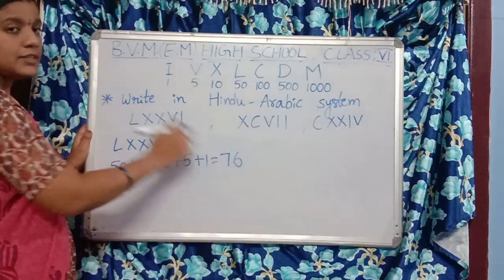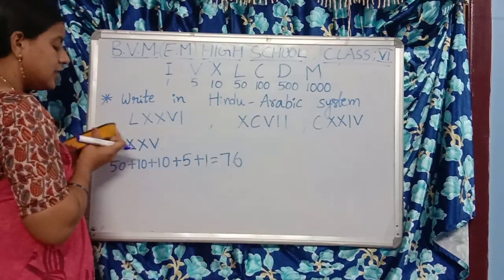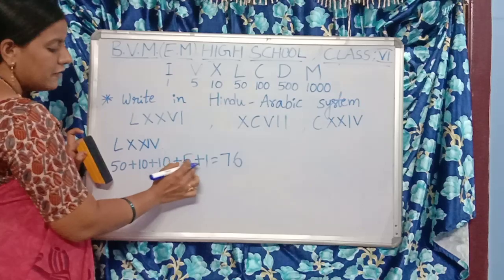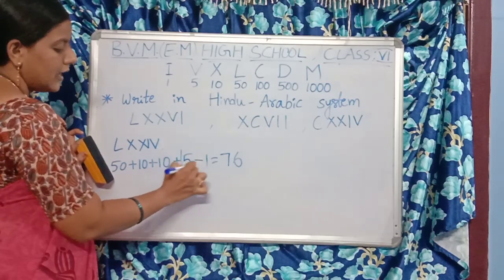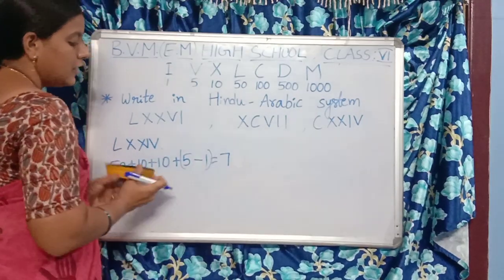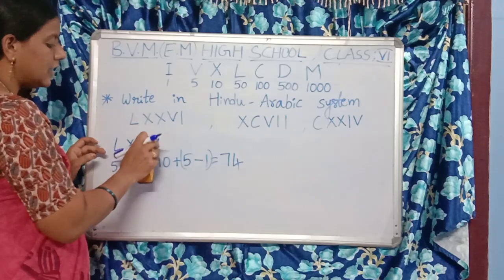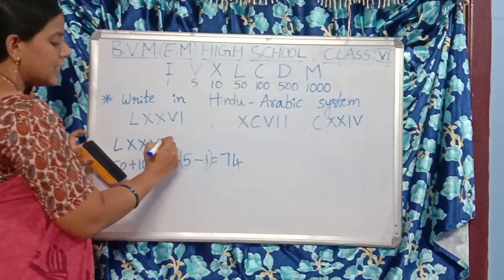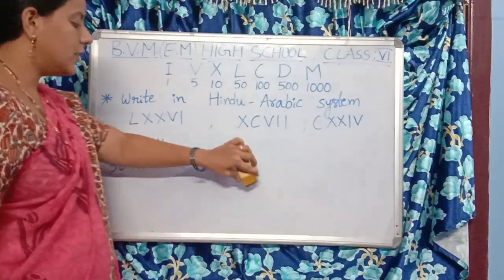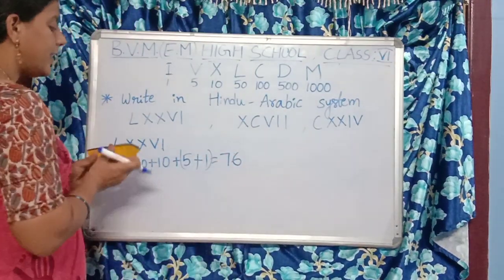What is this? 76. If this I is before V, what will happen? 5 should be subtracted, then it becomes 5 minus 1, 4, 74. But here it is on the right side of the V, so we have to add this one. 76. Okay. Next one.